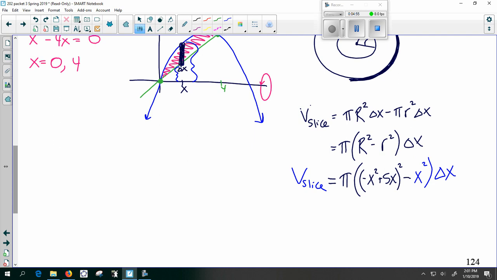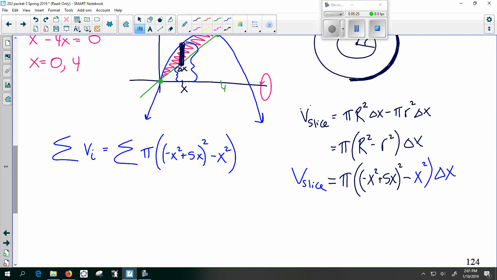So what I want to do next is add up a bunch of those slices at all different x values: x1, x2, x3, x4, a bunch of different xi values. So I'm going to add up a bunch of slices, a bunch of Vi slices. So this is the sum of pi times negative x squared plus 5x squared minus x squared delta x, and these are xi's.